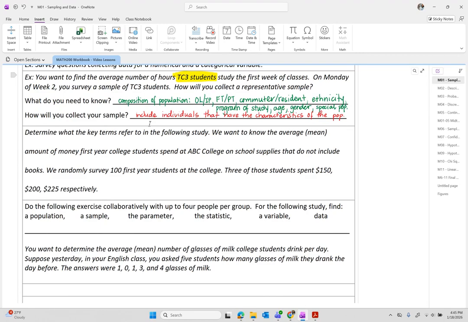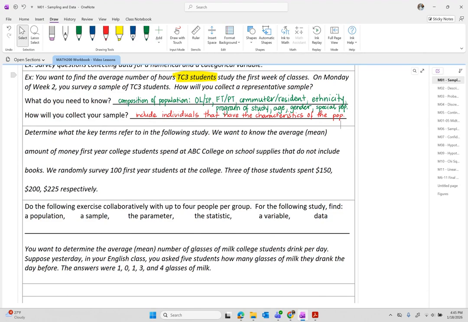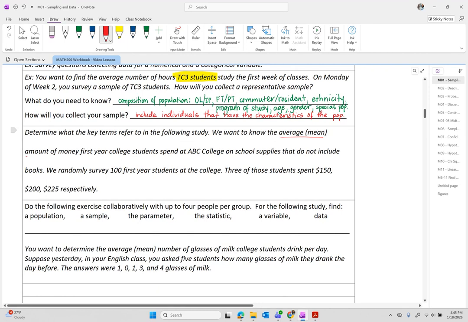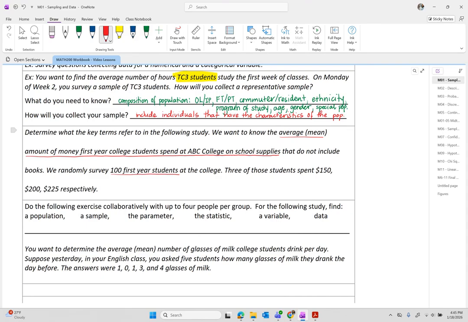We want to know the average mean amount of money first-year college students spend at ABC College. So the question is, what is the average money first-year college students spend at ABC College on school supplies that do not include books? We randomly survey 100 first-year students at the college.